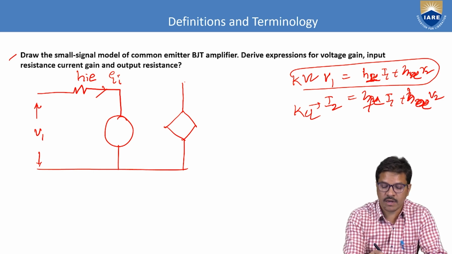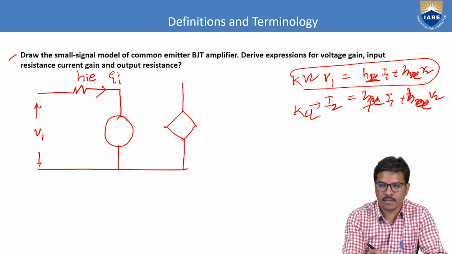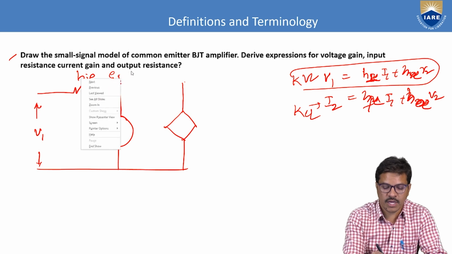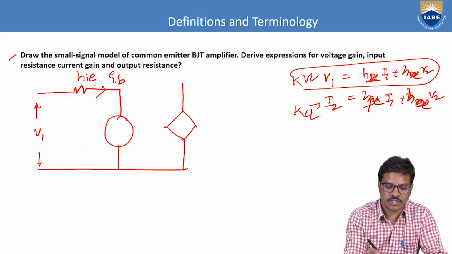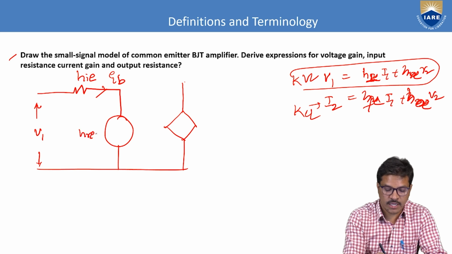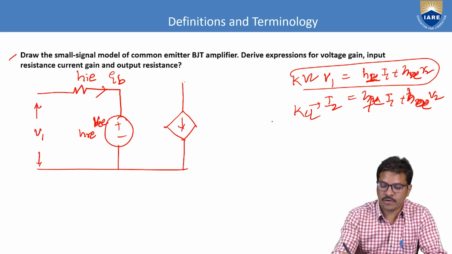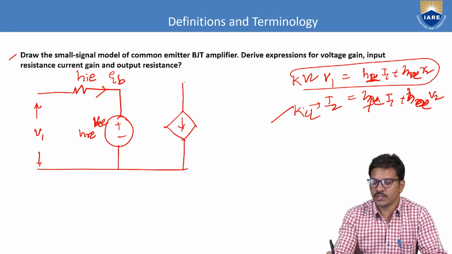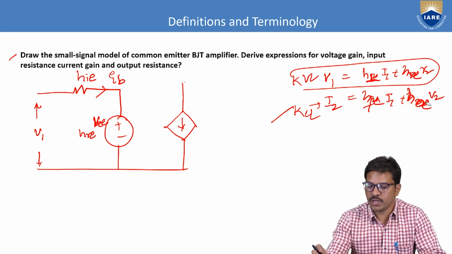If it is common emitter, the input current is the base current, with HIE, and HRE times VCE, like a voltage source. And the second equation is I2 equal to HFE I1 plus HOE V2.